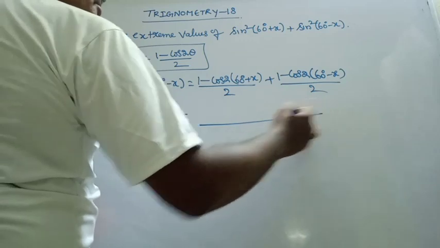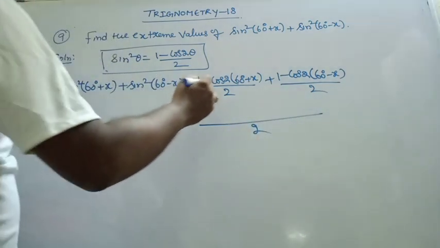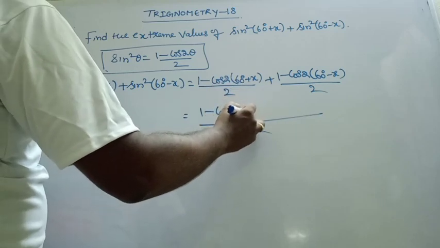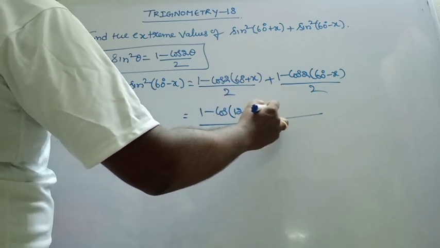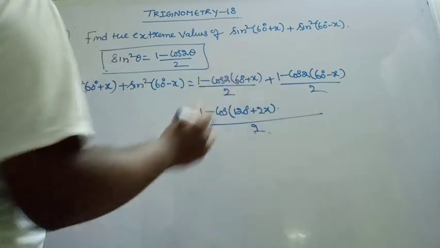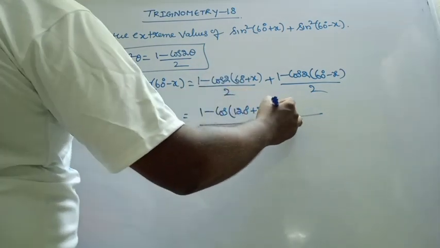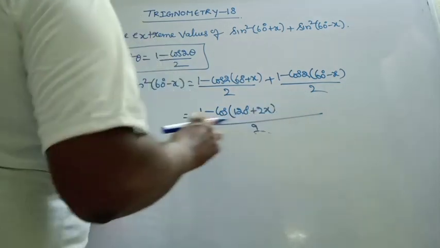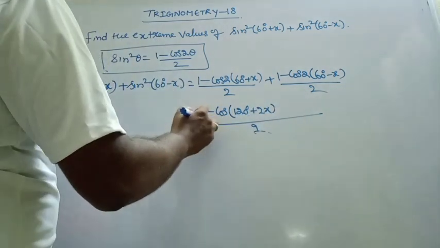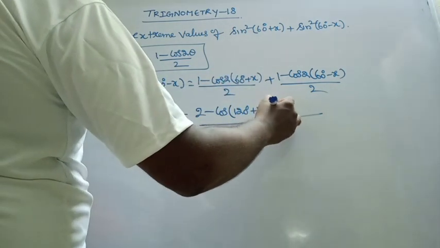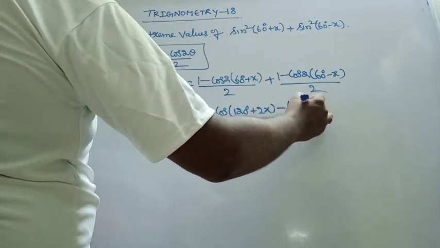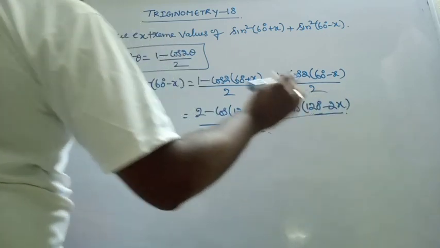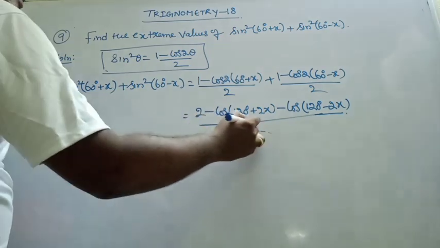Now take 2 as LCM here. 1 minus cos 2 into 60, that becomes cos(120 degrees plus 2x). This is 1 plus 1, which is 2, and this is now minus cos(120 degrees minus 2x), by 2 we have here.